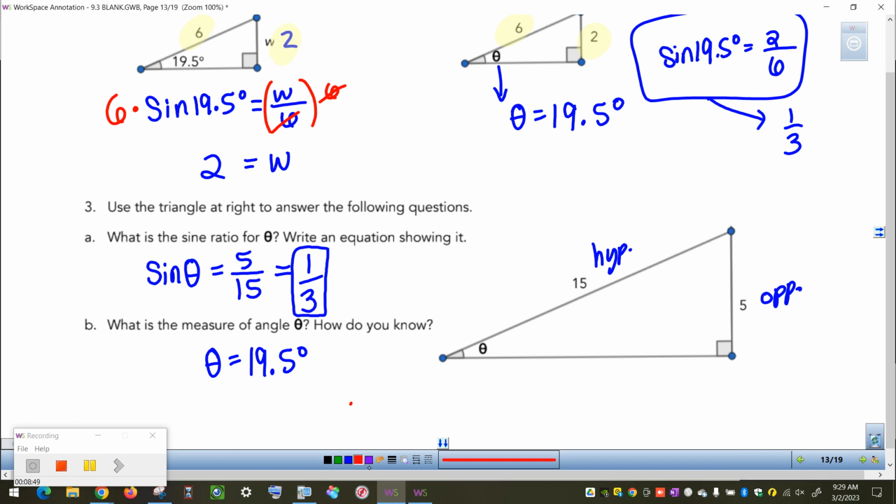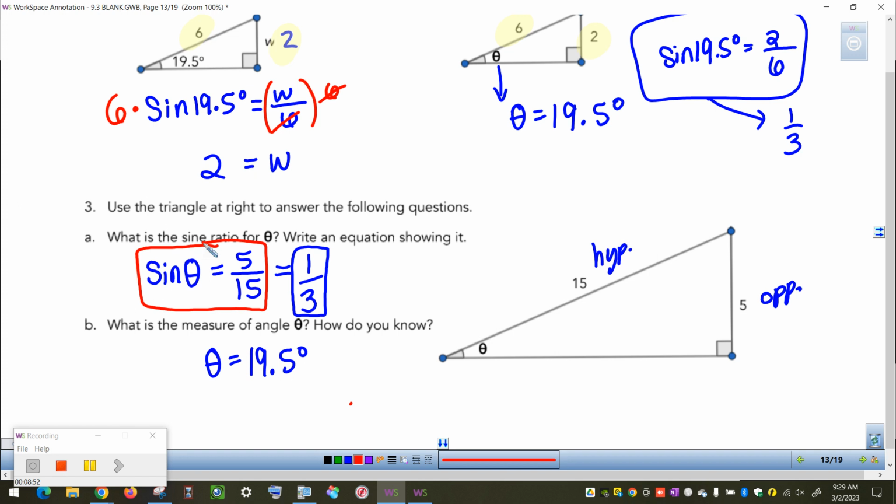So this idea here of working backwards, you know the answer of what the sine is supposed to equal. We're working backwards to figure out what the measure is of our angle. There's actually going to be an easier, faster way to do this calculation, and it's called using an inverse sine.